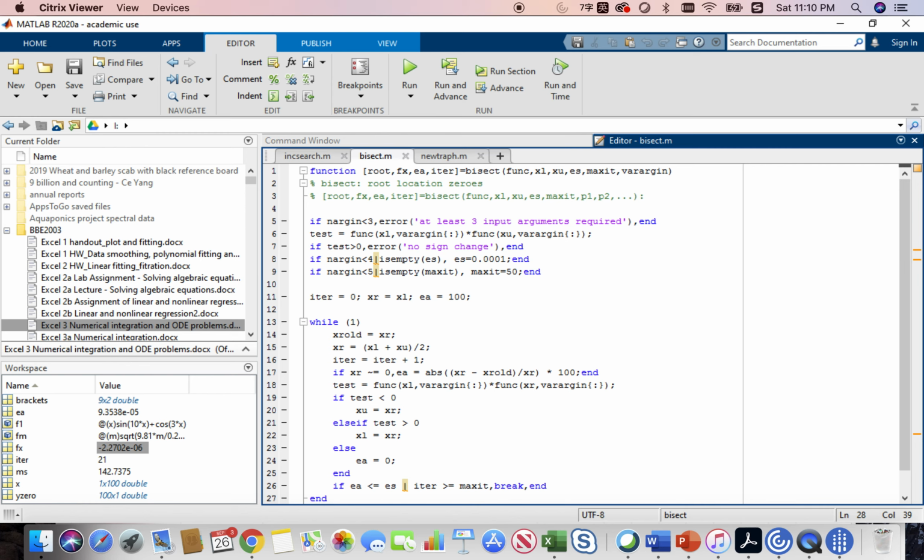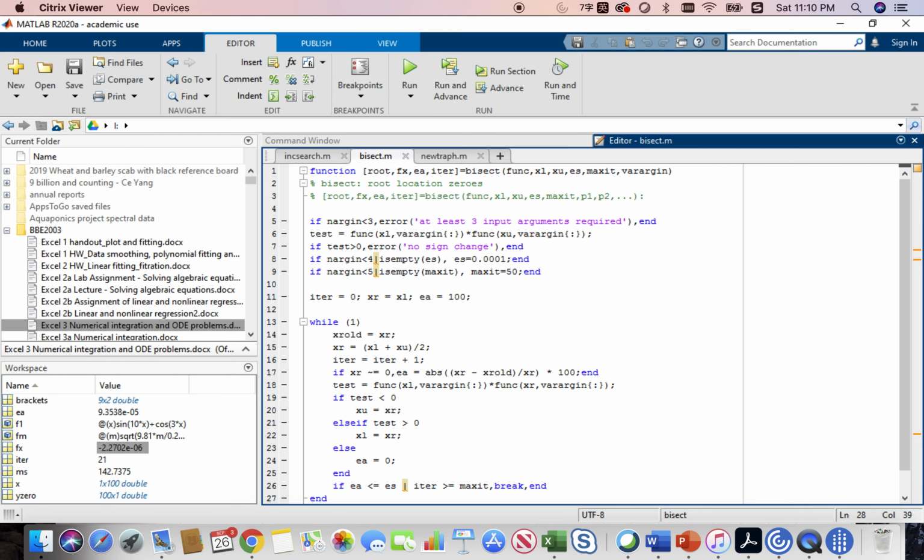If the test value is larger than 0, then an error message will be displayed: no sign change. This indicates that there is no root in the selected xl, xu section.